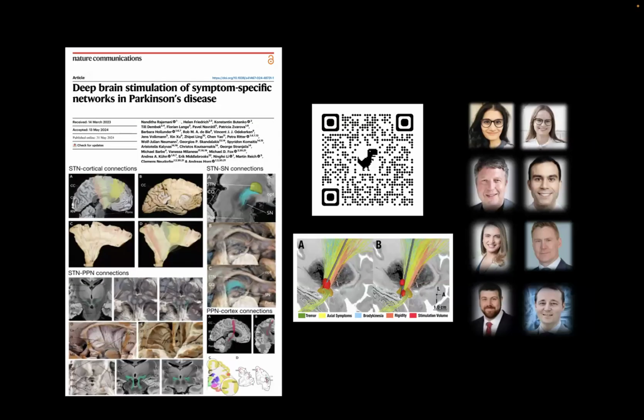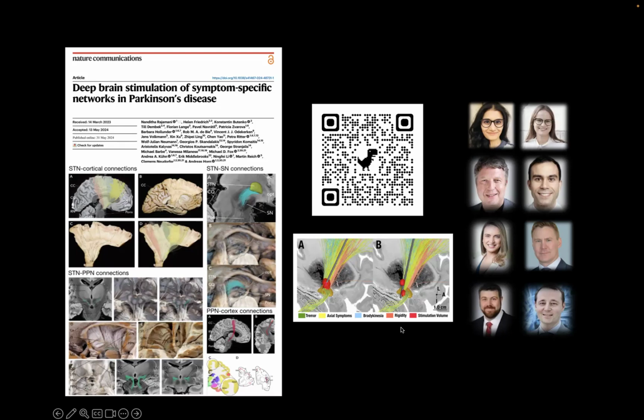So this is a paper that shows these symptom-specific networks in Parkinson's disease, and you can understand better the deep connections and also the idea that we have here, that is not the first time that it's shown, but it's very interesting to see that we have some fibers that are connected to tremor, that are these green fibers, some fibers that are connected to the control of axial symptoms, and some fibers connected to the control of bradykinesia, rigidity.